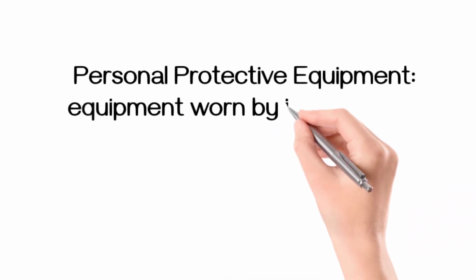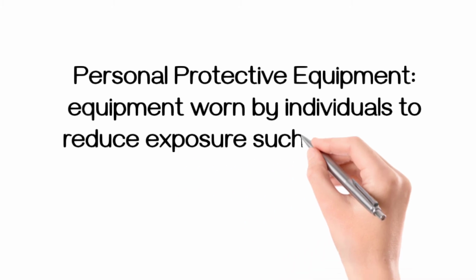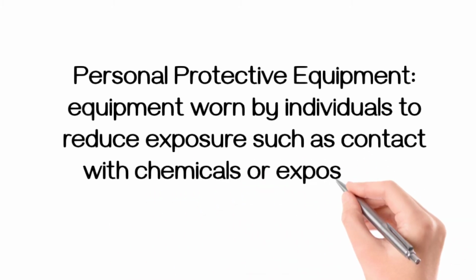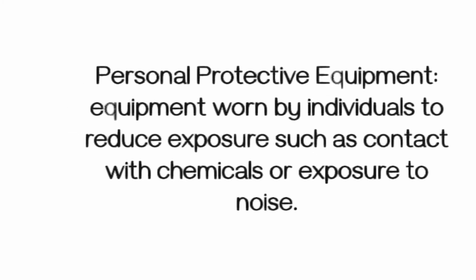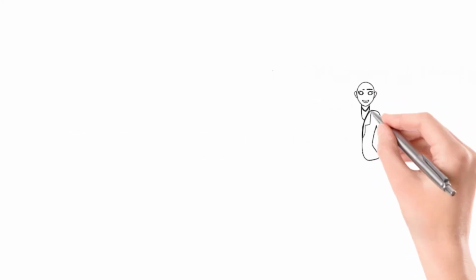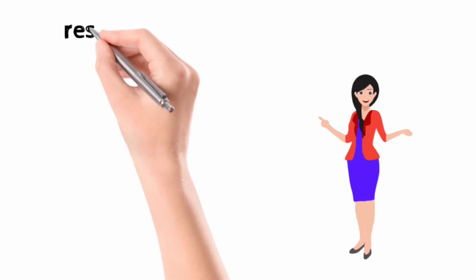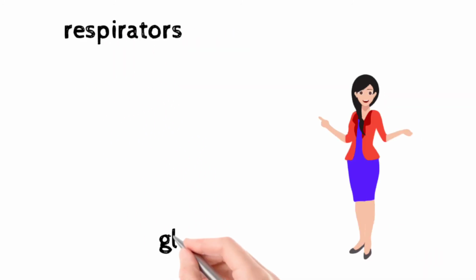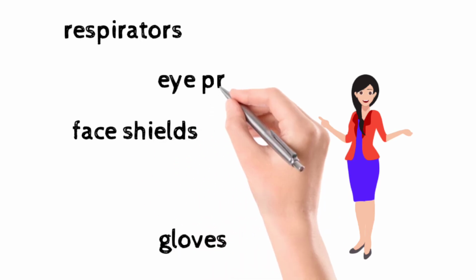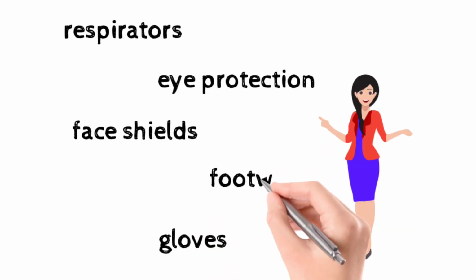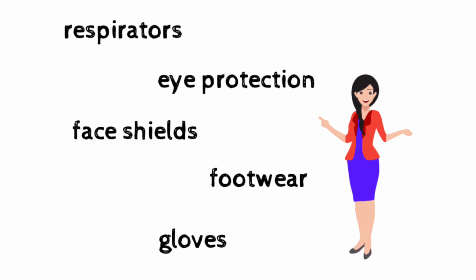Personal protective equipment. Equipment worn by individuals to reduce exposure, such as contact with chemicals or exposure to noise. Personal protective equipment includes respirators, protective clothing such as gloves, face shields, eye protection, and footwear to provide a barrier between the wearer and the chemical or material.